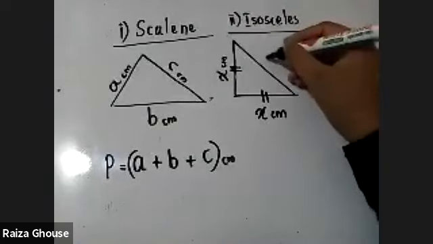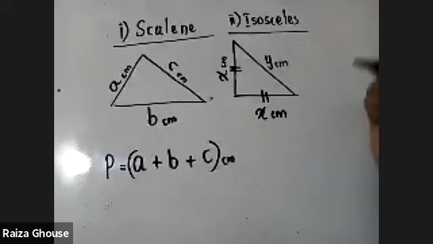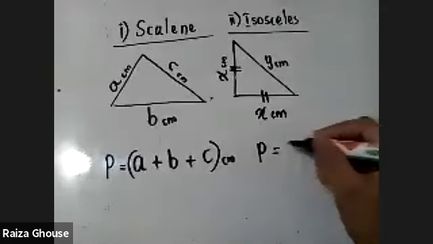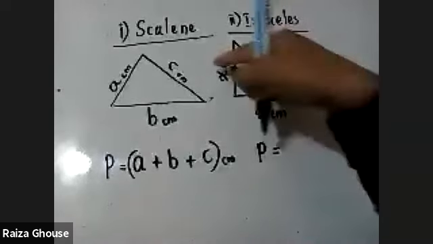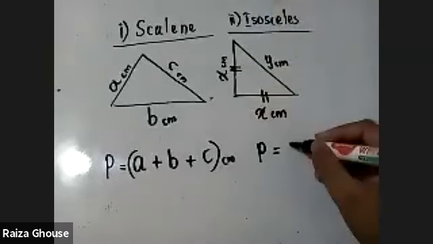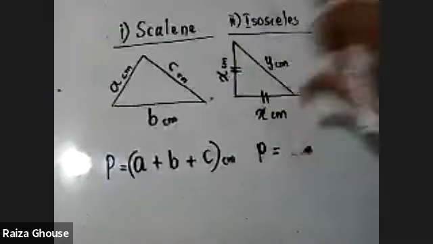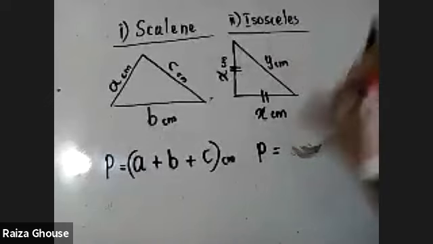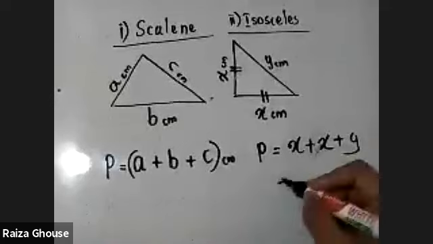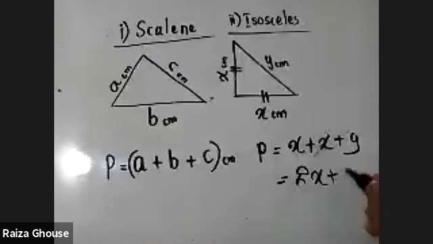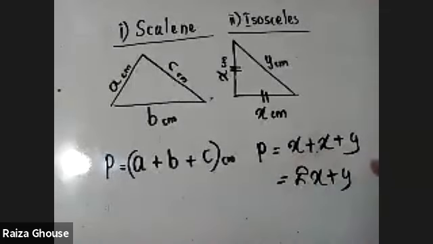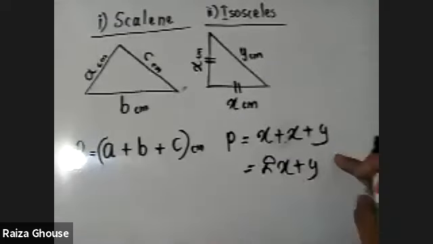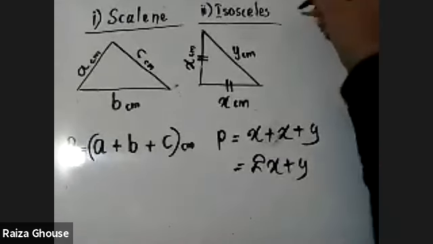And this is a different length. For example, let's take Y centimeter. So perimeter is equal to, what is it? The two equal sides, let's take from the beginning, X plus X plus Y, that is equal to 2X plus Y. Two similar lengths plus the third different length.